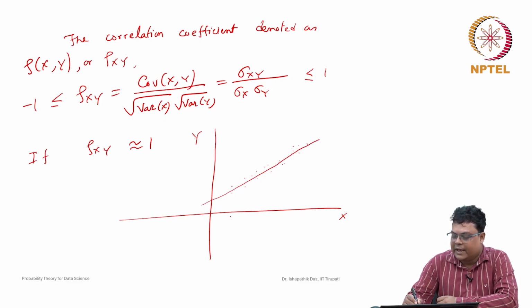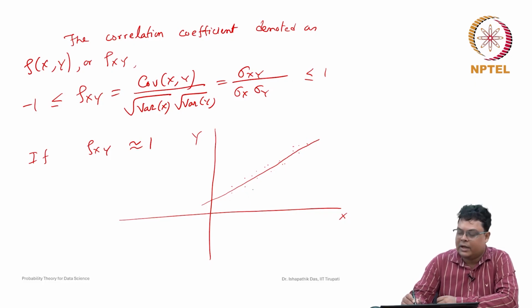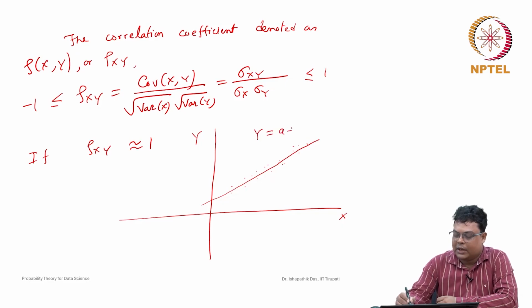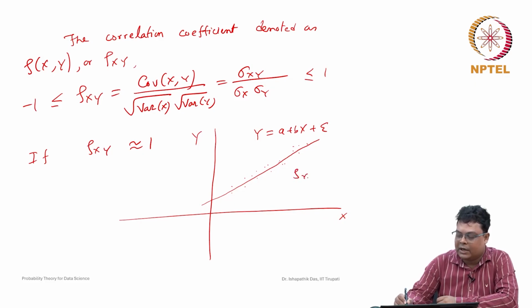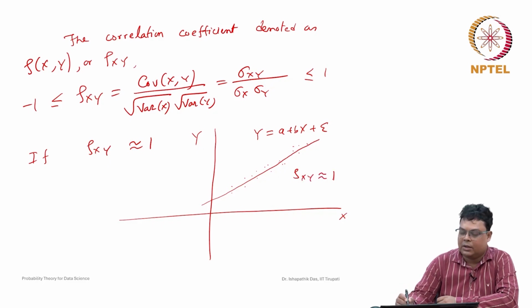That means if x is increasing, y is also increasing in a linear way. So, y is equal to maybe a plus bx, some kind of relation, plus some error, because it is not exactly on the straight line. This error is very small, so most of the points are close to the straight line. If the scatter plot looks like this, then the correlation coefficient between x and y will be approximately 1.